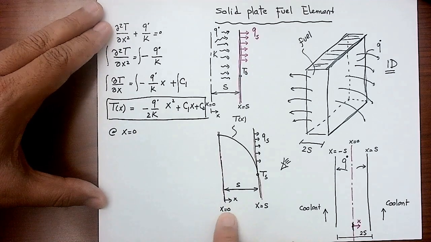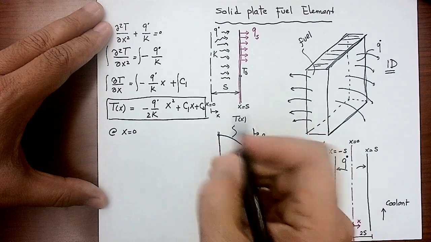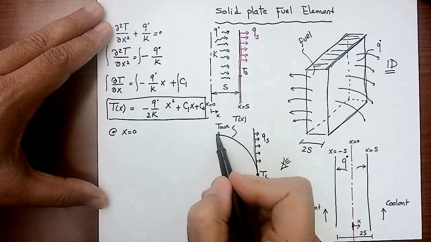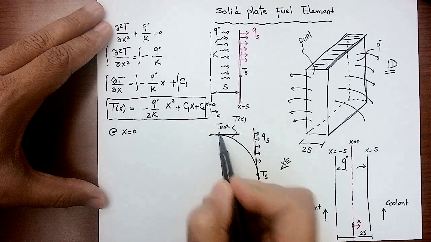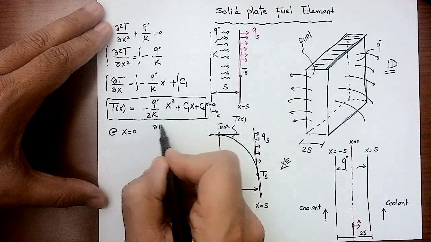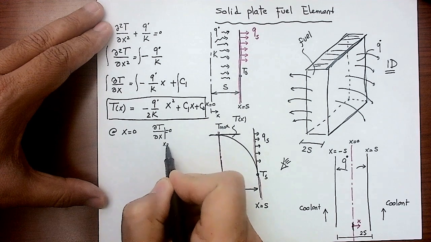At X equal 0, what's happening? It seems that my temperature is actually maximized. So I'm going to call that Tmax. What is the slope of a curve that's at a maximum? Slope is 0. What does that mean? I can say that partial t by partial x equals 0 at x equals 0.